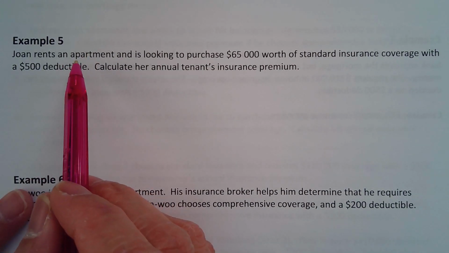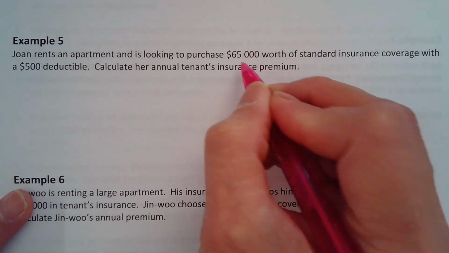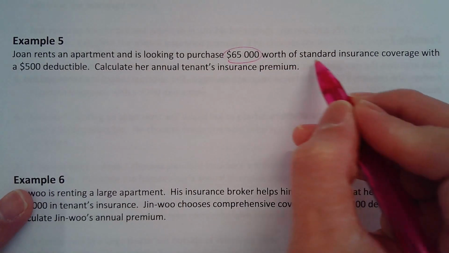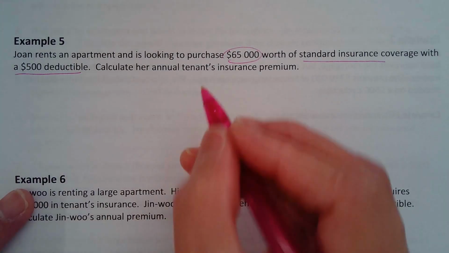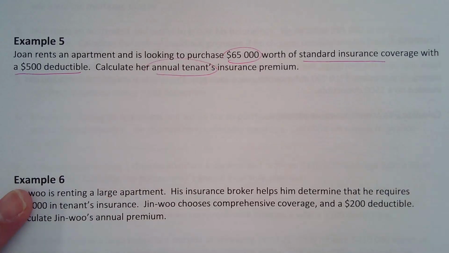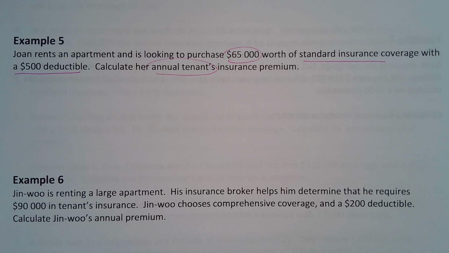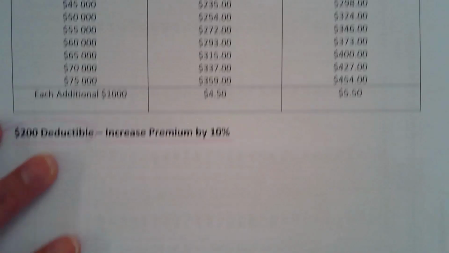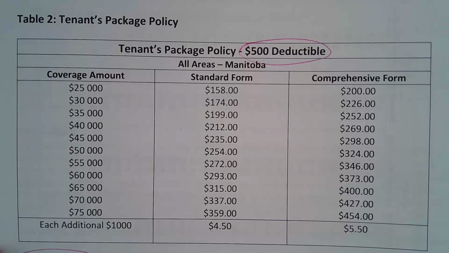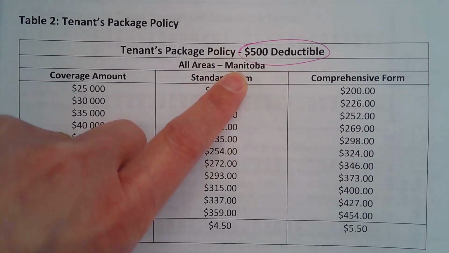Joanne rents an apartment and is looking to purchase $65,000 worth of standard insurance with a $500 deductible. Calculate the tenant's insurance. Okay, now this is tenant insurance, so flip it to the tenant insurance. We're going to be flipping back and forth here. So what does it say?